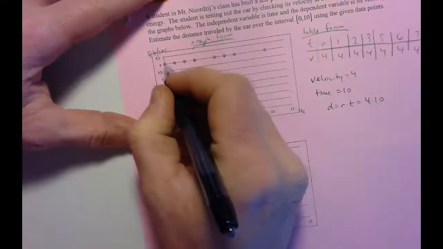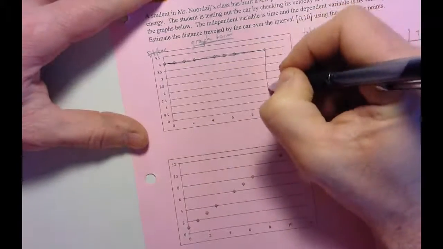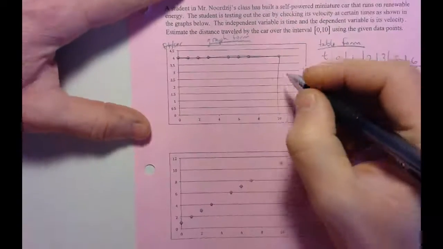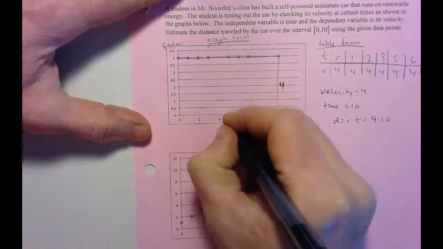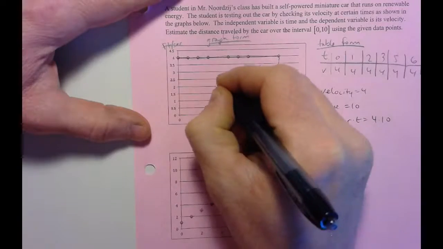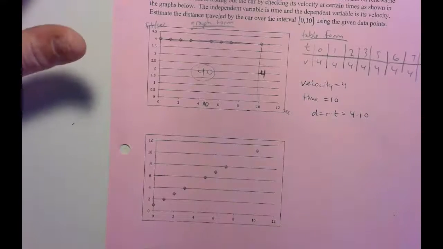If we look at the actual shape here, we can see that this is also a rectangle that has a height of 4 and a width of 10, and the area of that rectangle is 40. So distance is really just finding the area of your rectangle as you work through those. Okay.